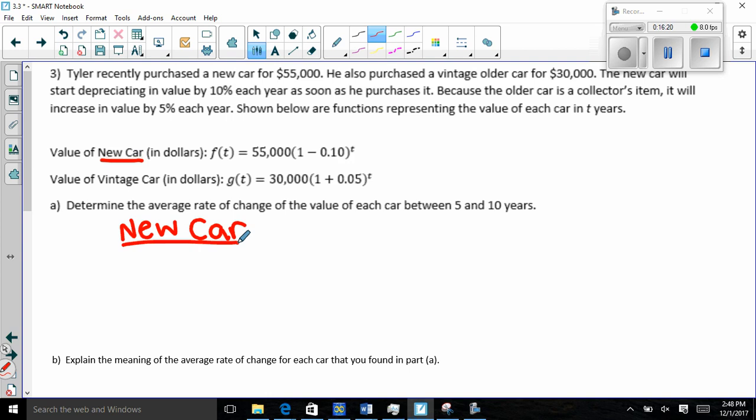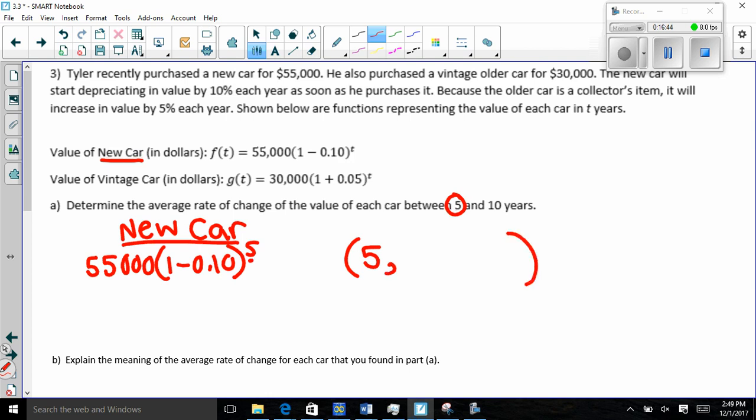Really, all you're doing is plugging into the function, but instead of x, we're going to plug in our first time value, which is 5. And when we write our points, 5 is going to be the x. That's what I'm plugging in right here.